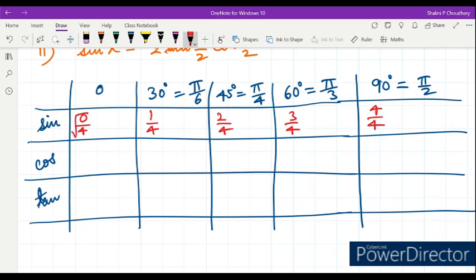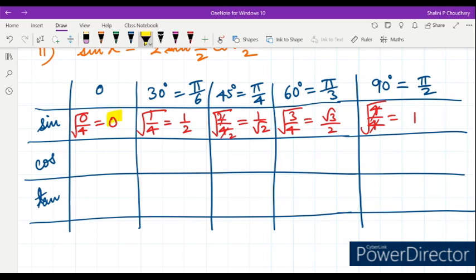The square root of 1/4 is 1/2. The square root of 2/4 is 1/root 2. The square root of 3/4 is root 3/2. And the square root of 4/4 is 1. So for sin: sin 0 is 0, sin 30 is 1/2, sin 45 is 1/root 2, sin 60 is root 3/2, and sin 90 is 1.